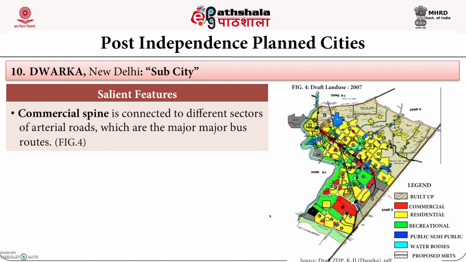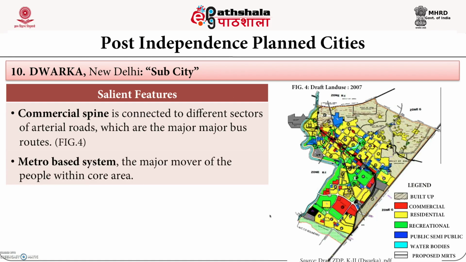The commercial areas are all planned along the major spine, where the MRTS is also planned. So it is an example of transit-oriented development, where the commercial spine is connected to the different sectors, and with the arterial roads, which are the major bus routes.